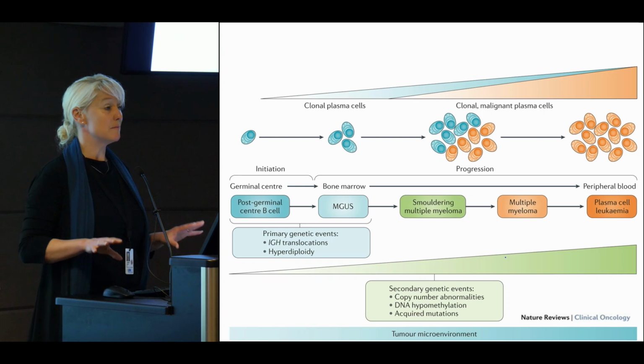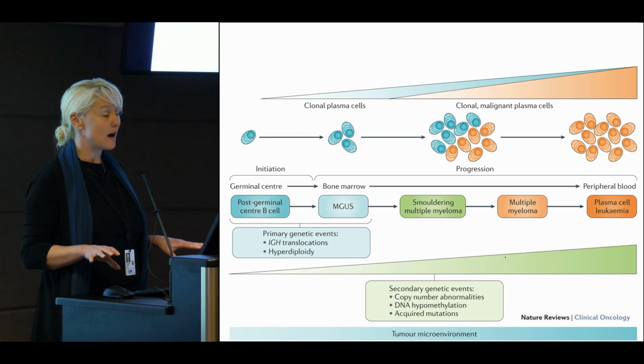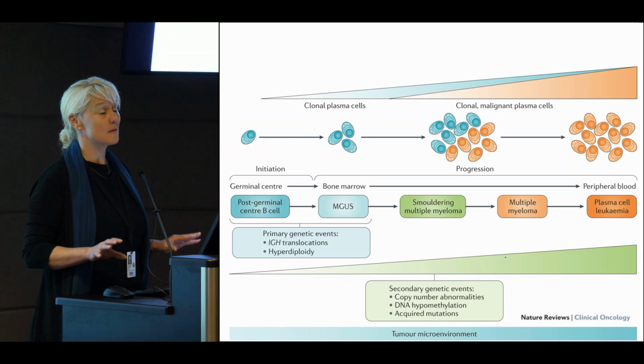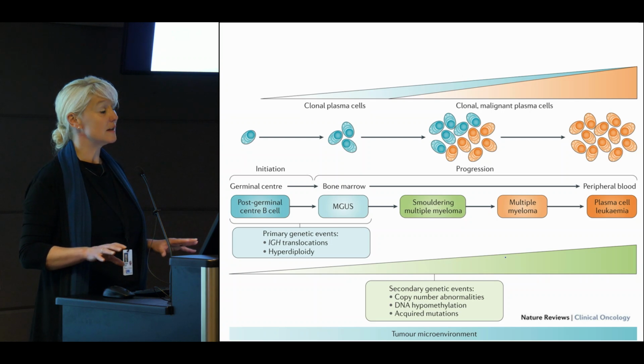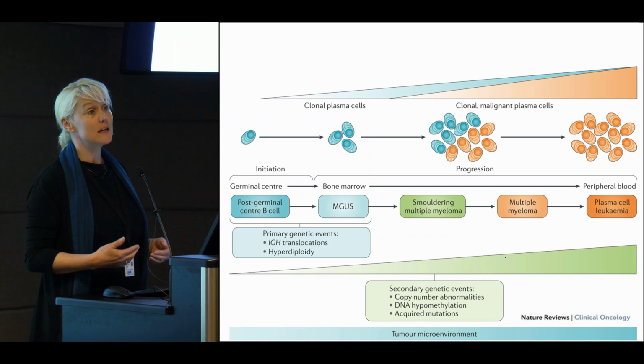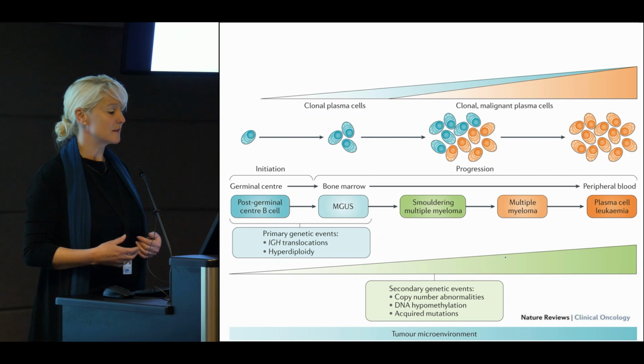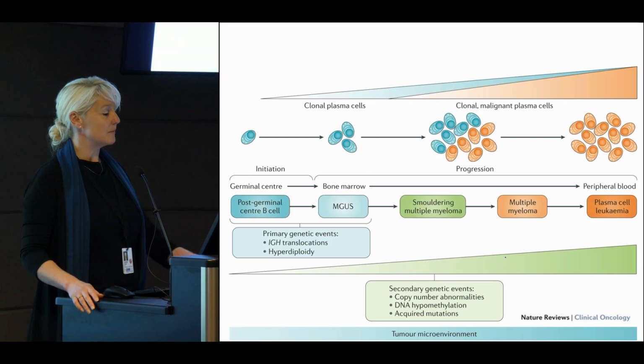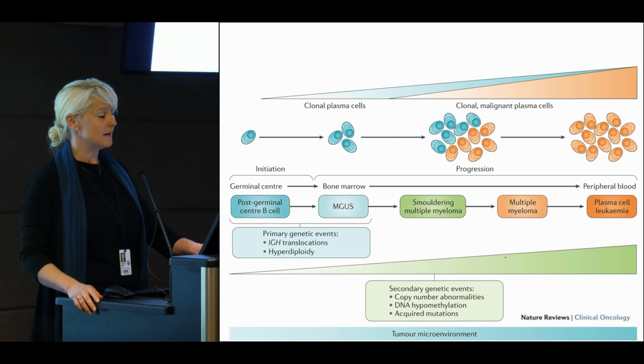There are two pre-malignant forms of multiple myeloma: either monoclonal gammopathy of undetermined significance, or MGUS, or smoldering multiple myeloma. These patients don't necessarily show any clinical symptoms, but the tumor's brewing. It's starting to grow, and so we see those primary genetic events.